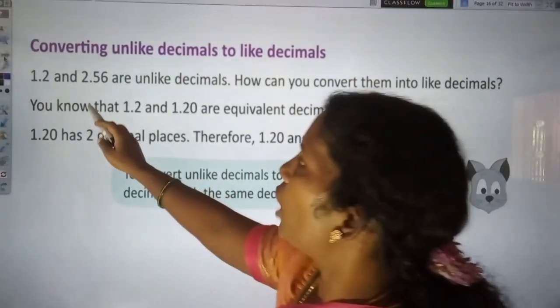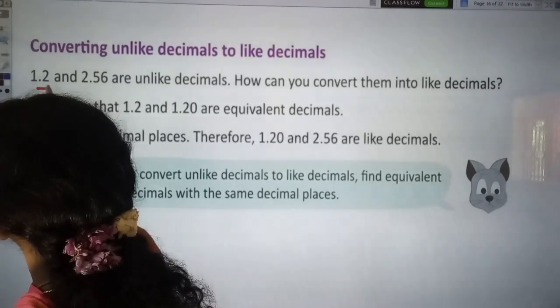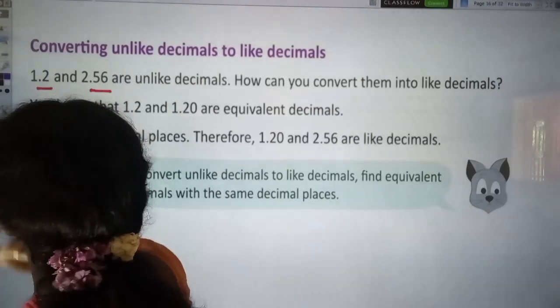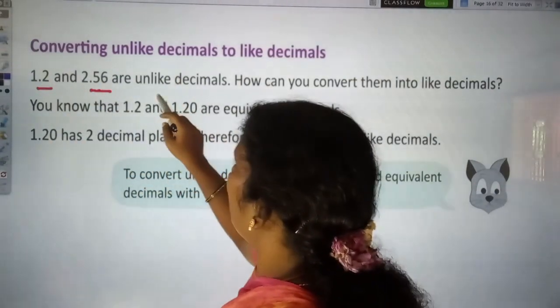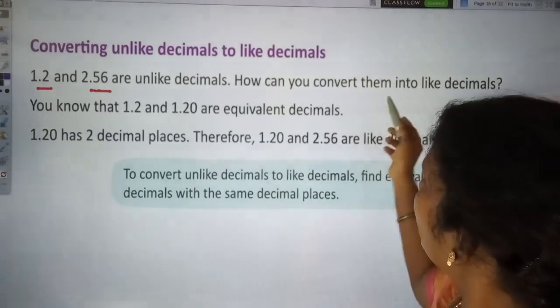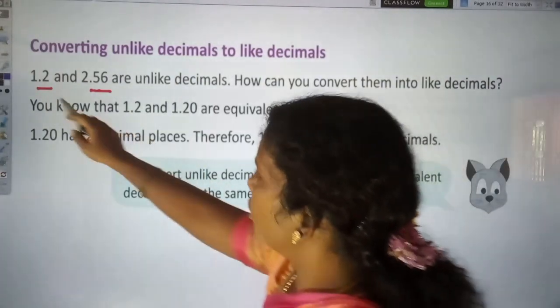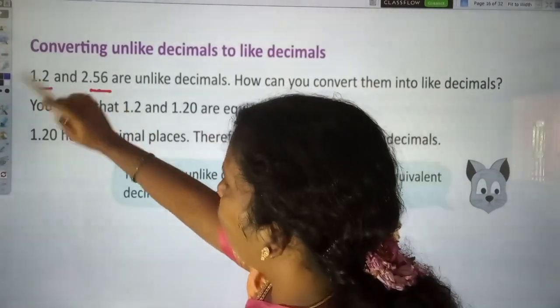Here 1.2 and 2.56. See children, after the decimal point only one decimal place here. Here after the decimal point 2 decimal places are there. Here only tenths are there. Here tenths and hundredths places are there. Hence they are called unlike decimals. How can we convert them into like decimals? We have to change this 1.2 into a like decimal like 2.56.